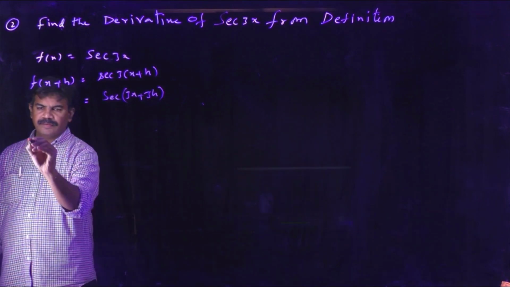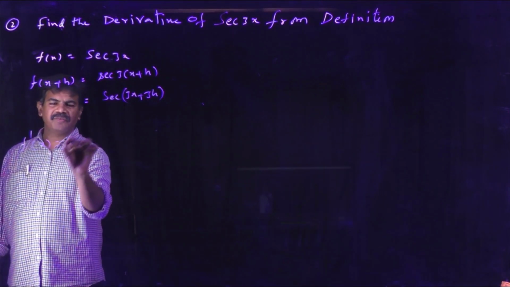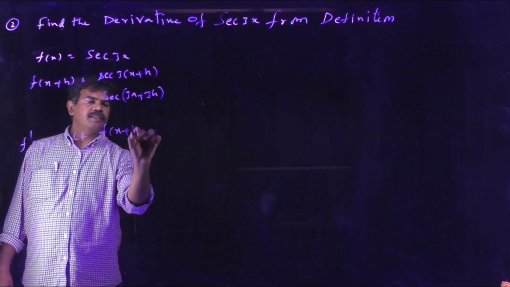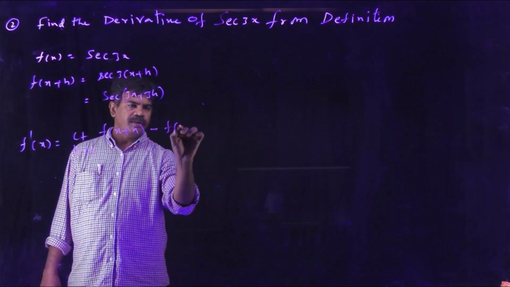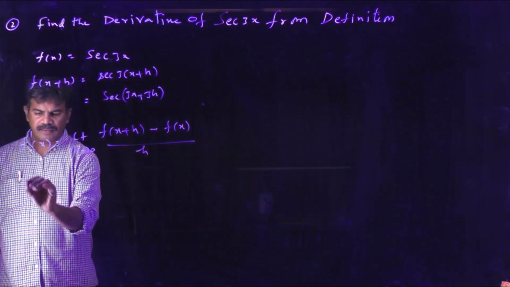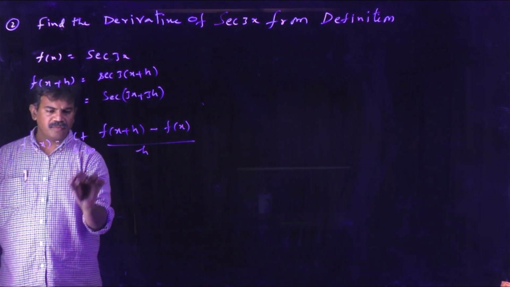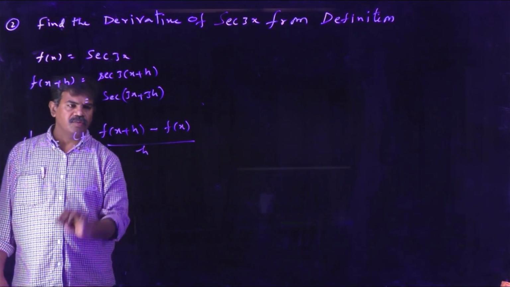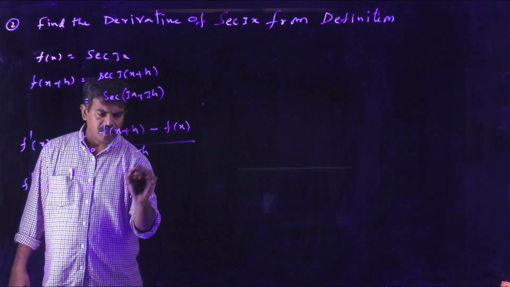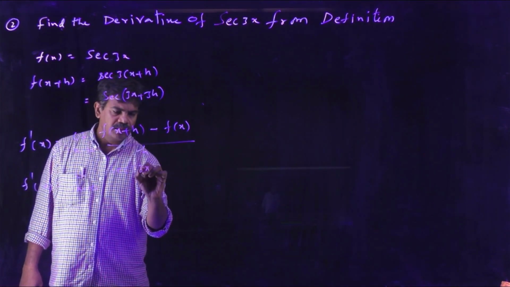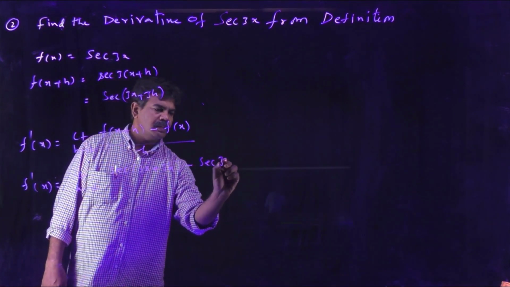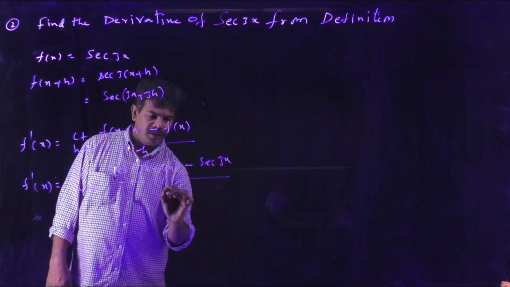Now we take f dash x is equal to limit h tends to 0 f of x plus h minus f of x by h, that is f dash x is equal to limit h tends to 0. Already f of x plus h is secant of 3x plus 3h minus secant 3x by h.